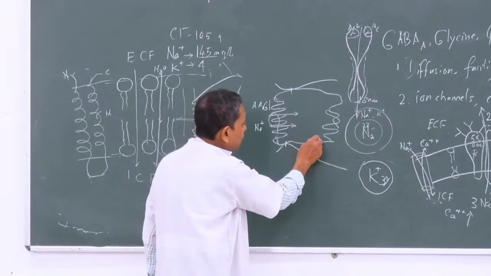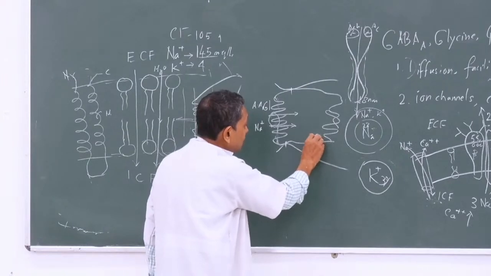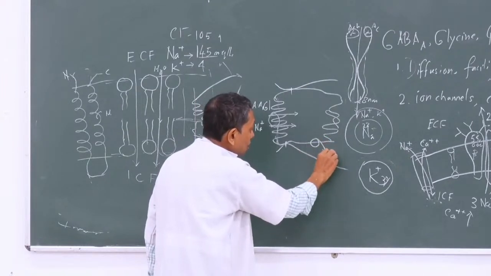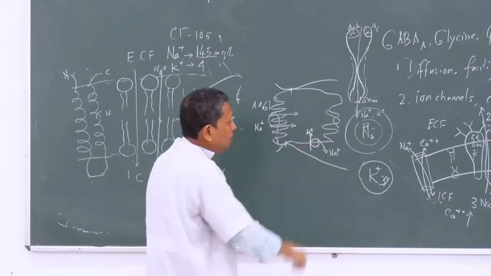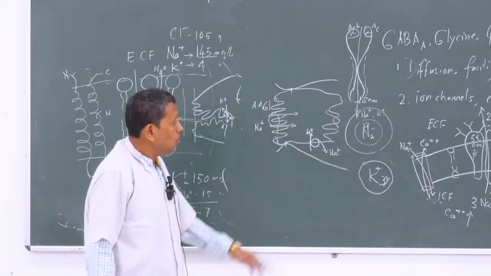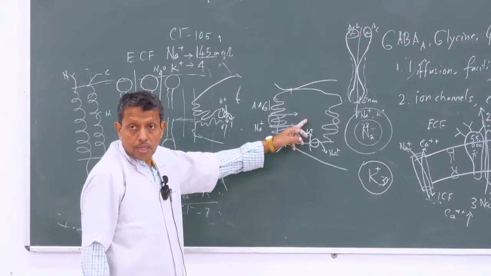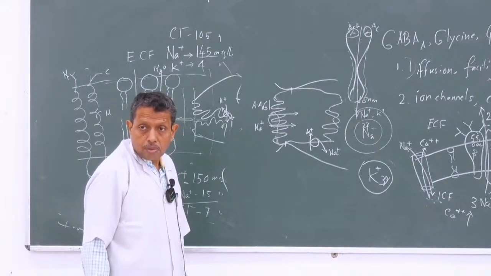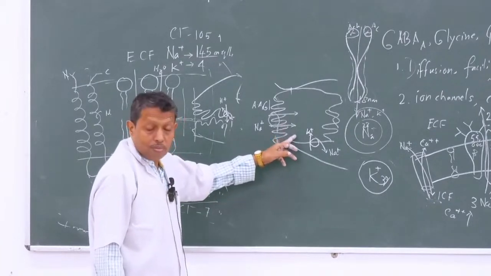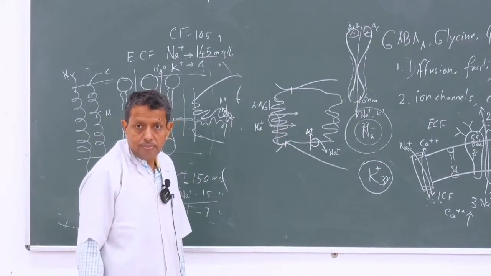And on the basolateral side is the sodium potassium ATPase. It brings sodium out, so the concentration of sodium inside is maintained low, and there is also a favoring electrical gradient.